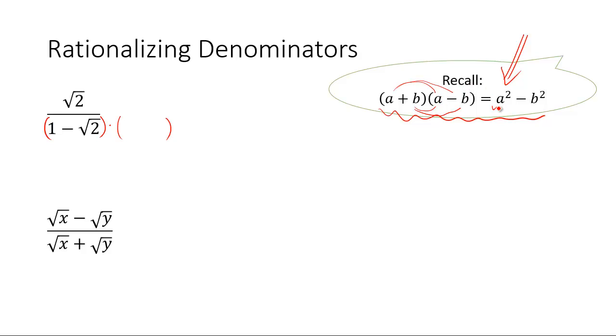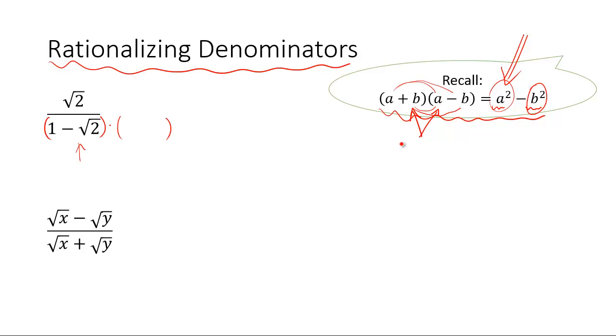So this is actually a great formula to use to rationalize the denominator when you have a binomial in the denominator, because you end up with both terms being squared, and therefore if it was a square root and you squared it, it wouldn't be a square root anymore. So we've got 1 minus root 2, and these are called conjugates to each other.